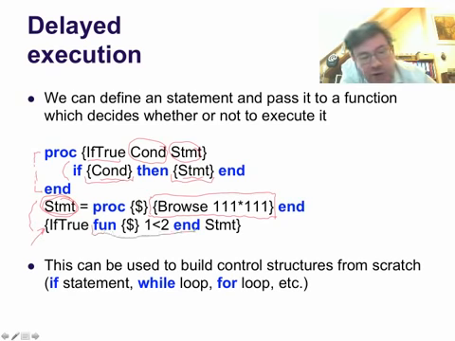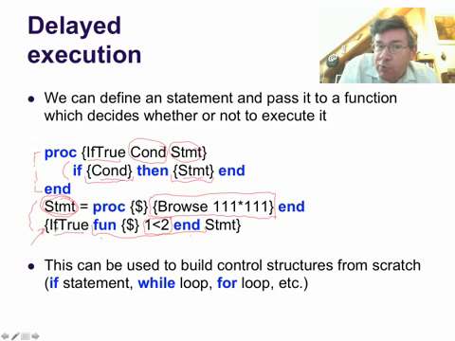And then the condition here, I put any Boolean expression, 1 less than 2, inside a zero-argument function, and it will be evaluated inside if true. So you see, I have made the difference between declaring a function or a procedure which wraps any statement or expression, and then I decide to execute that statement or expression later.